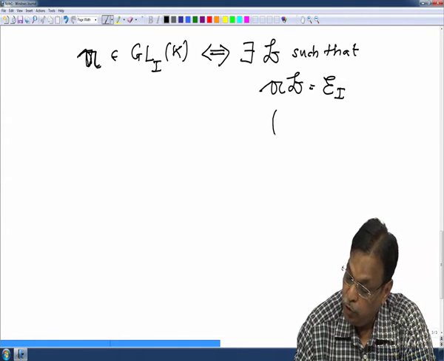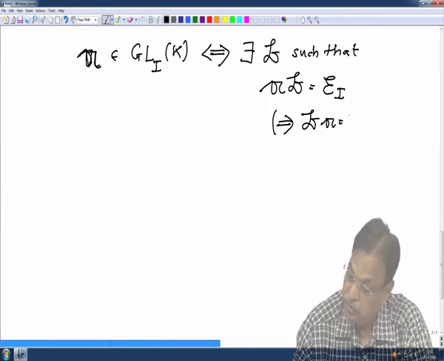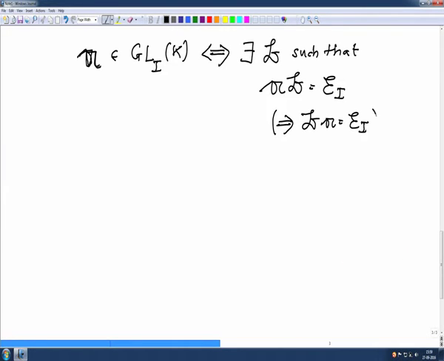Then it will automatically imply B times A is also the identity matrix. This we saw last time because for a finite dimensional vector space, a linear map is injective if and only if surjective, if and only if bijective. This is the so-called pigeonhole principle for linear algebra.